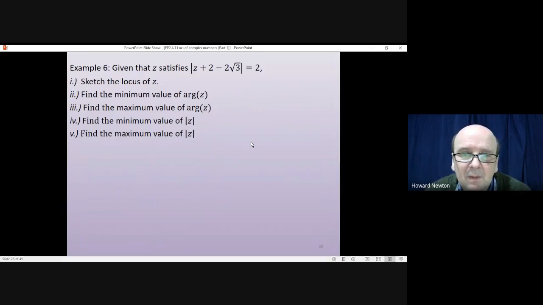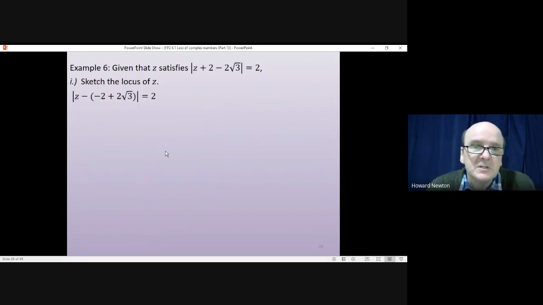Okay, let's have a look at this question. So part 1 is sketching the locus, and as I said, we do need to change it into the standard form, z minus a complex number. That does matter. So it becomes the modulus of z minus (minus 2 plus 2 root 3 i) equals 2. And then we can use the general idea, which is that that will be the center of the circle, and that will be the radius of the circle.